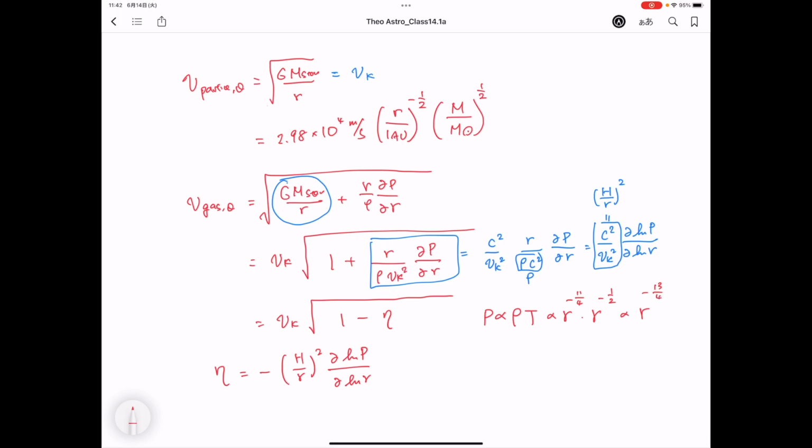Then you can find this minus 13 over 4 times H over r squared. Then it becomes 4.0 times 10 to the minus 3 times r over 1 AU to the 1 over 2. So this is the value of eta, and the rotational velocity of the gas can be calculated as V_k times the square root of 1 minus eta. Okay, this is the answer to practice 5.1.